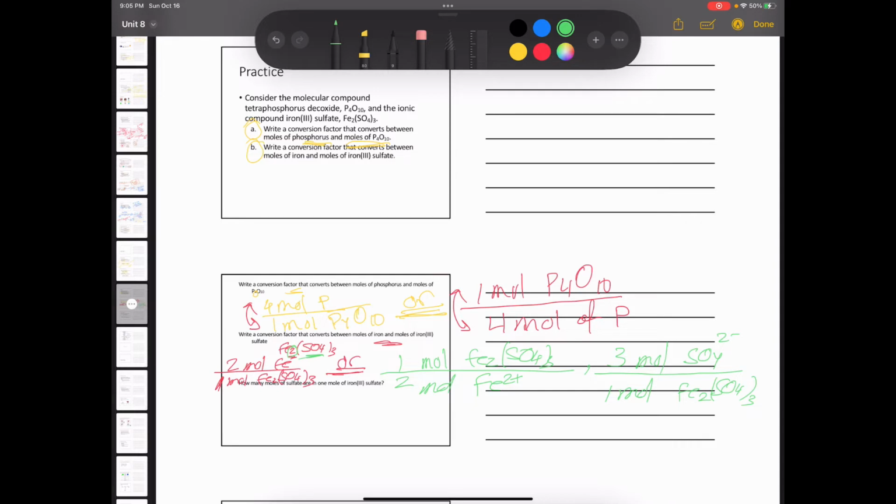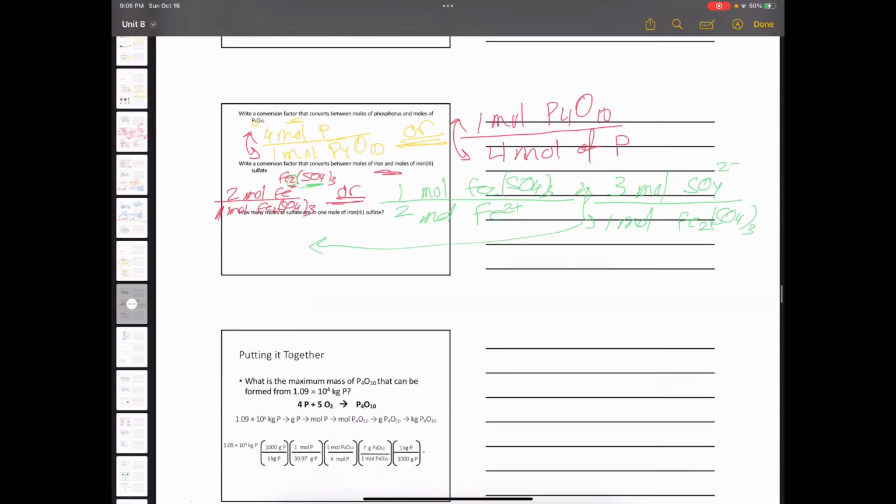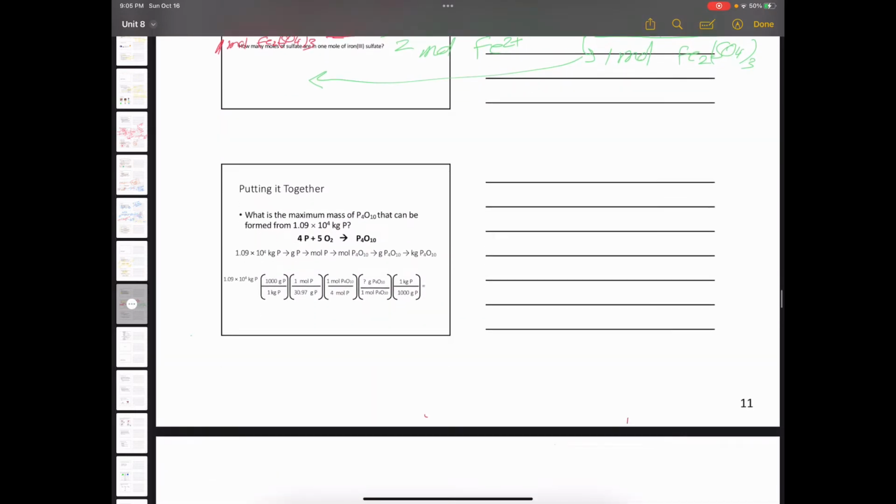So how many moles of the sulfates are in 1 mole of the iron sulfate? That's pretty much the answer down here. And again, you can always flip your fraction depending on the unit that you're trying to convert to. Okay? So that's the mole to mole conversion.